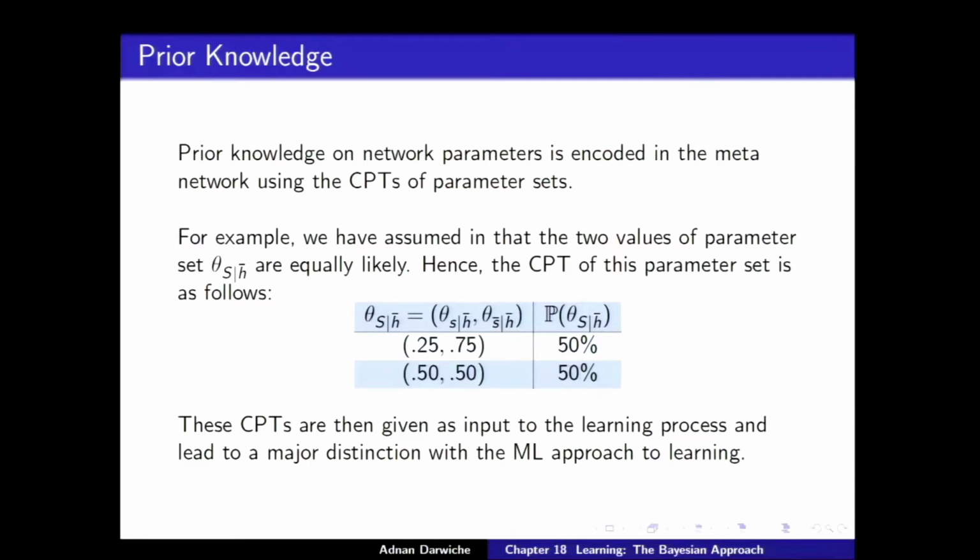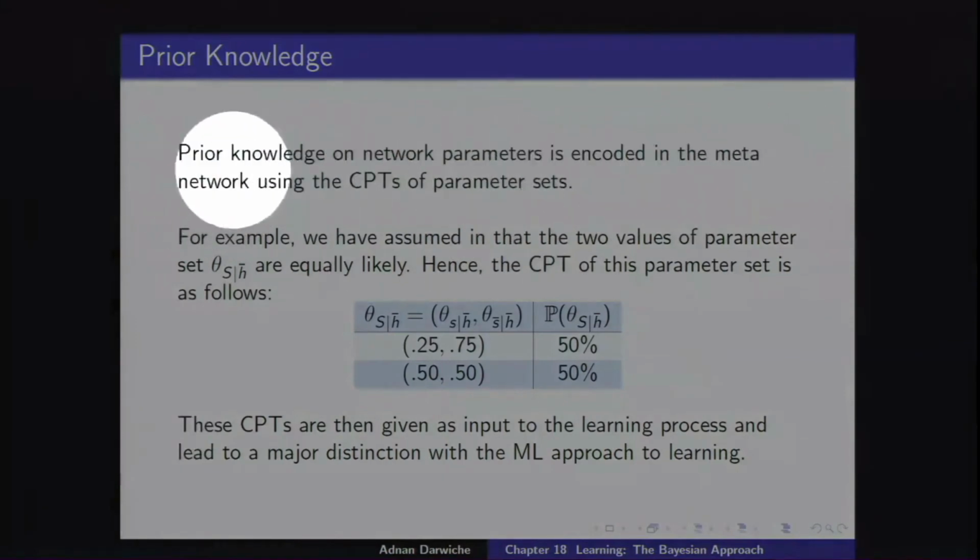If I have a meta network, then the prior knowledge on the network parameters will be encoded by the CPTs of that meta network. For example, in this case, we assume that we have 2 values for this particular parameter set, right? Distribution on whether someone smokes or not, given that they're not health aware. And we said that they're equally likely. So the CPT would look like this. This is the variable, and these are the 2 possible values for it.